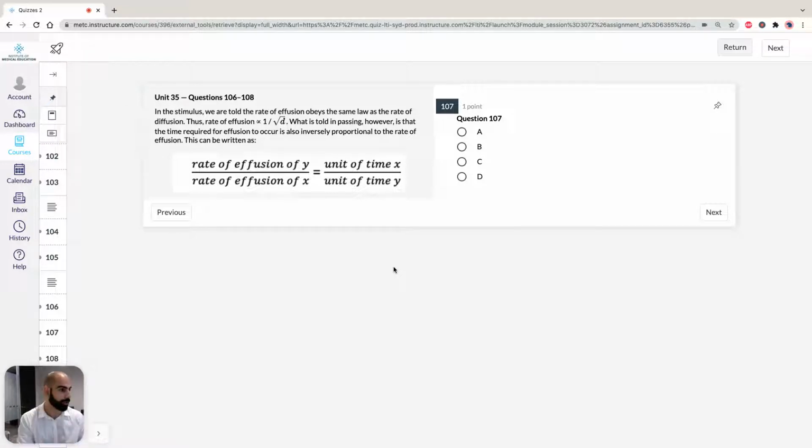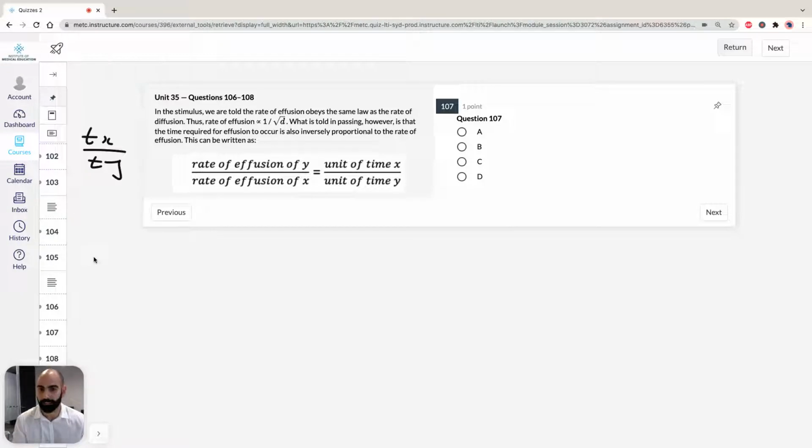We've been given the ratio of the times, Tx over Ty. Recall in the stimulus that the time required for effusion to occur is inversely proportional to the rate of effusion. Let's take a step back and write down these equations. The rate of effusion is inversely proportional to the time, and we already know the rate of effusion is also inversely proportional to the square root of the density or mass of our gas.